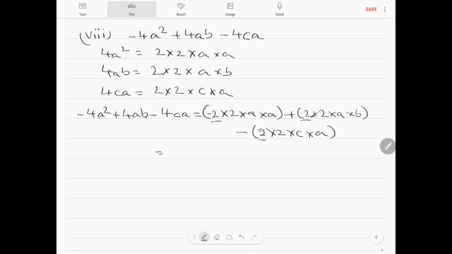Taking 2 into 2 common and a common, so 2 into 2 into a taking in common will become minus a, the leftover terms plus b minus c, which is equal to 4a into minus a plus b minus c.